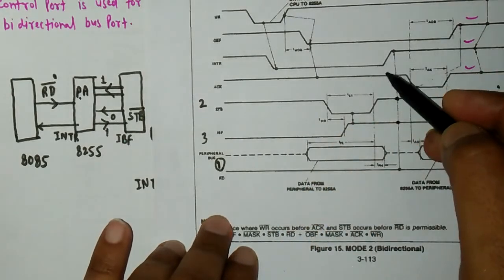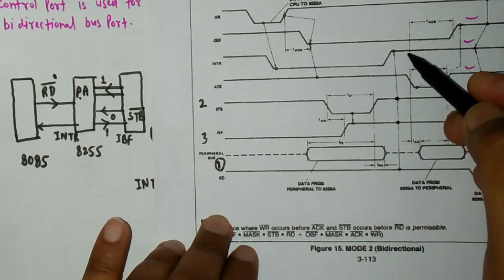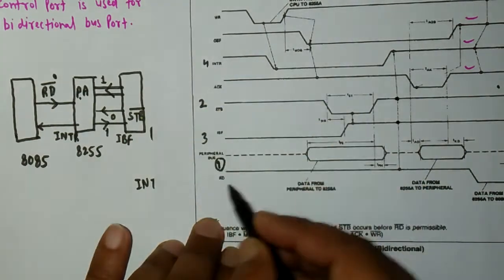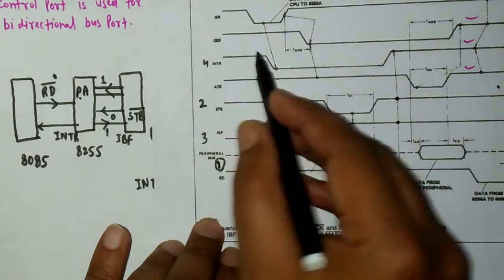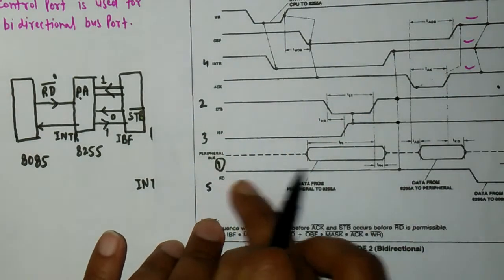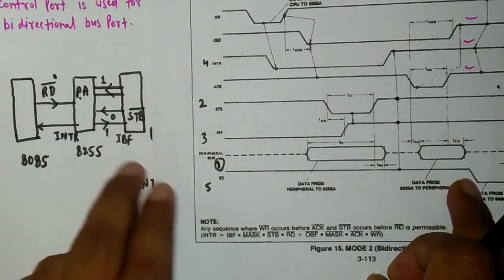Then, when an interrupt is generated, after a certain time, which I am writing as 4 because this was 1, 2, 3, 4, the microprocessor will read the data present at the peripheral.